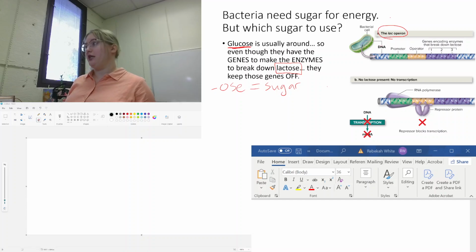This is the gene called the lac operon, and this makes a protein to use lactose. Right, so we got lac.